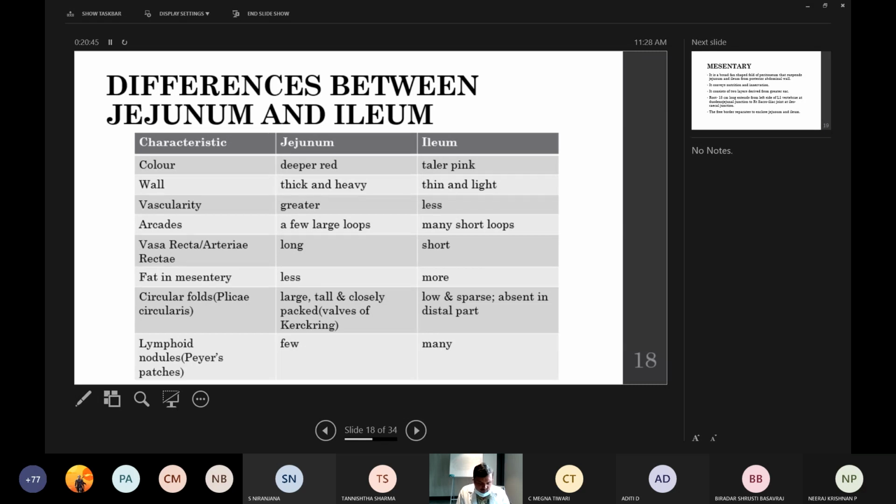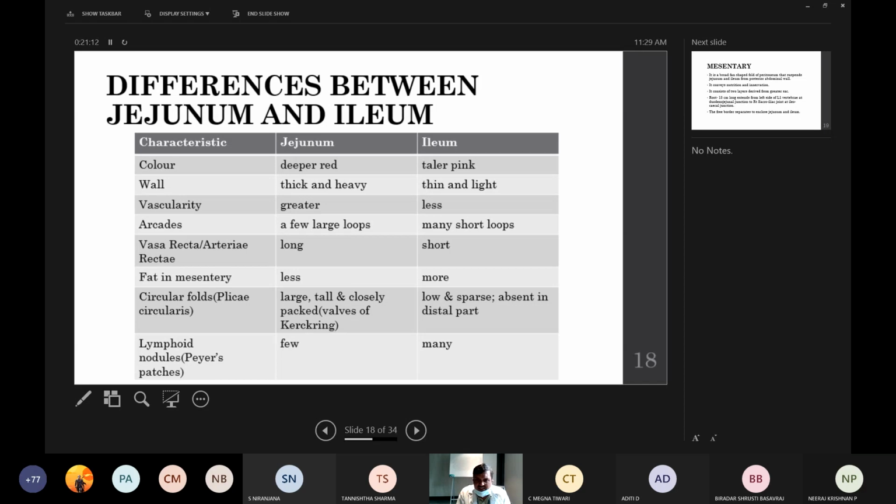As I told, there is no clear-cut demarcation between the jejunum and ileum. Wall: the wall of the jejunum is thick and heavy, whereas the wall of the ileum is thin and light.